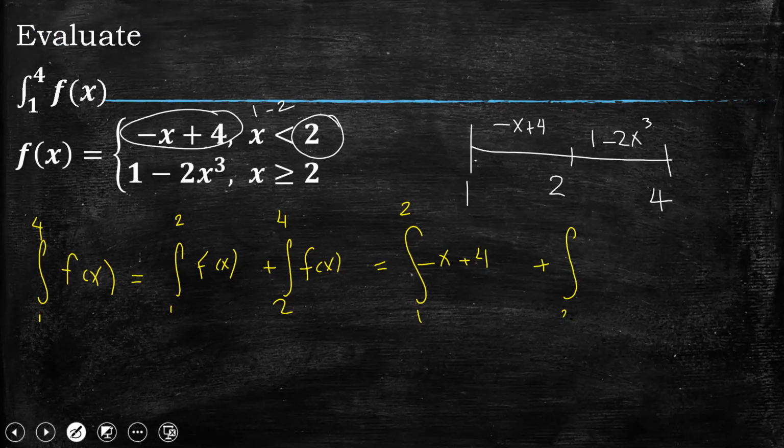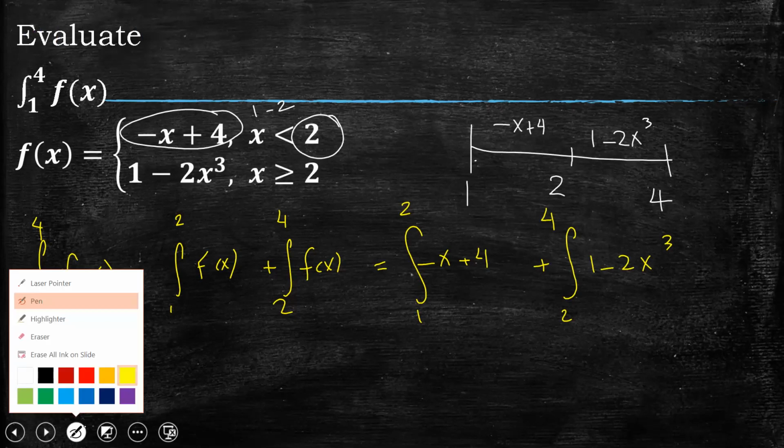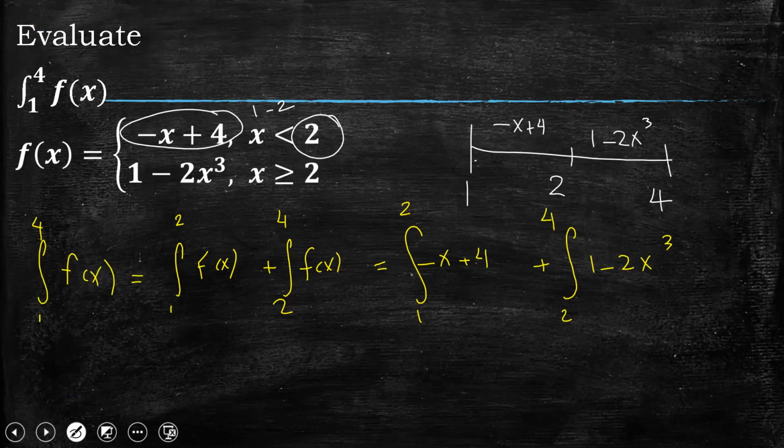And from 2 to 4, it is 1 minus 2x cubed. So let's now integrate. It is negative x squared over 2 plus 4x from 1 to 2, plus x minus x to the fourth.